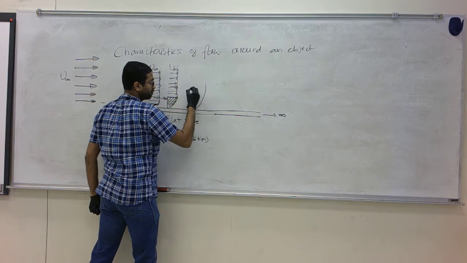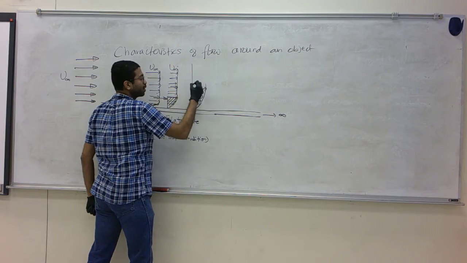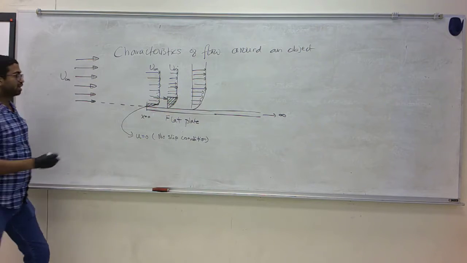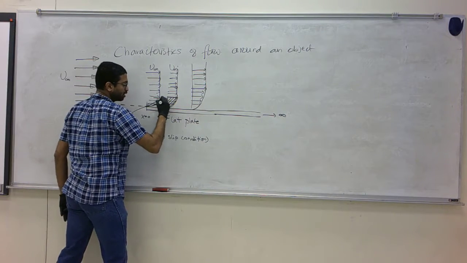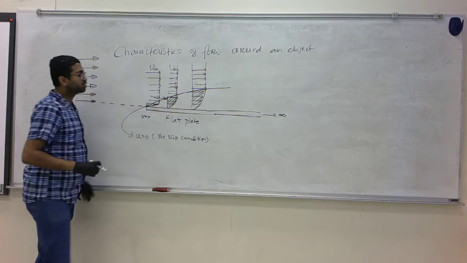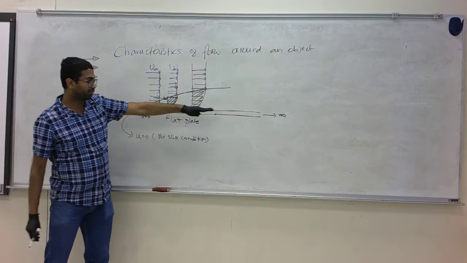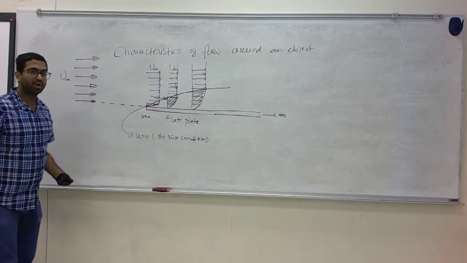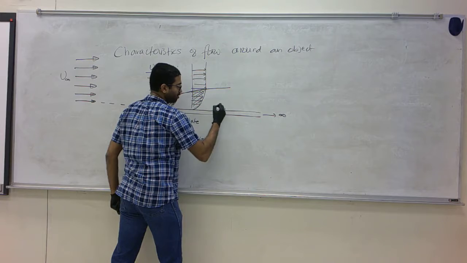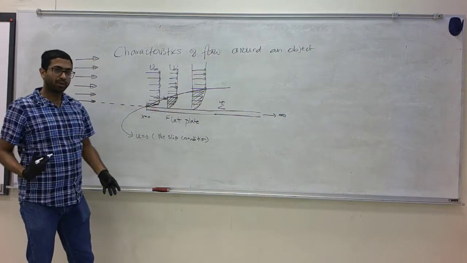So you will have more and more regions of the flow getting influenced by viscosity, and what you have is really a growth in the region that is influenced by viscosity. That is, more and more segments of the flow are now influenced by the presence of the plate. The presence of the plate is a source of shear stress. That is, at the surface of the plate, the fluid experiences shear stress. The plate also experiences an equal and opposite force.